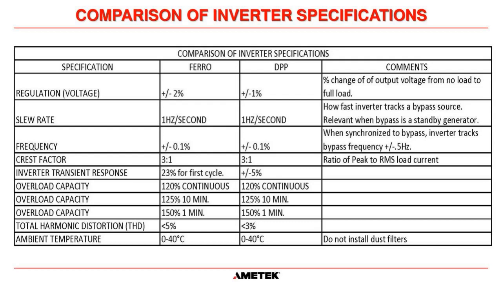Next spec we have here is crest factor. And crest factor is the ratio of the peak current to the RMS current. Now, if it's a sinusoidal, or let's say a resistive load, our waveform would be a sine wave or sinusoidal current waveform. That has a crest factor of 1.4.